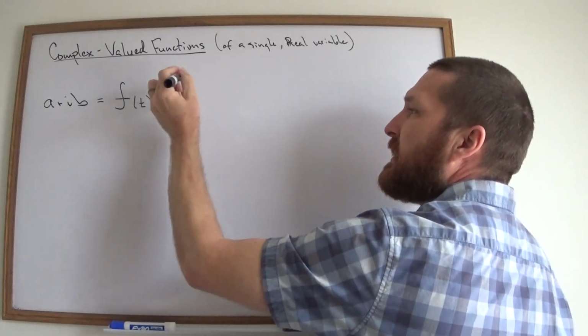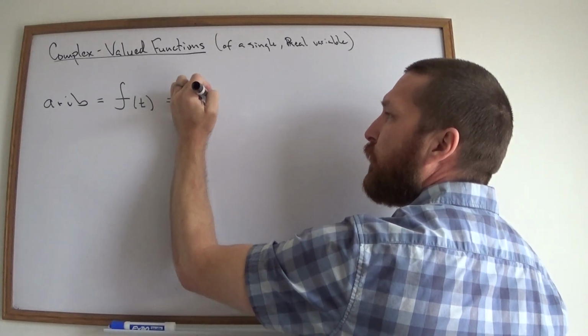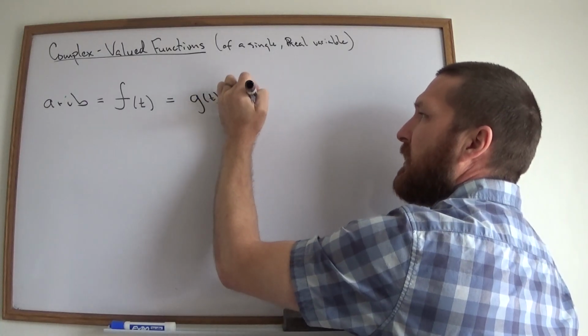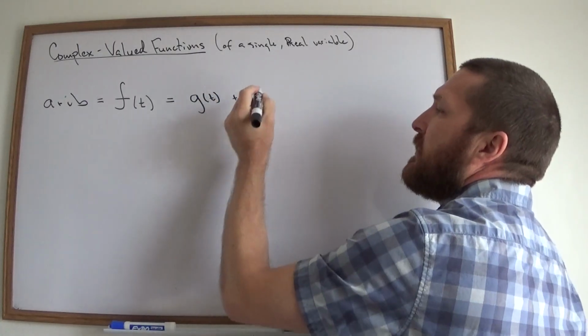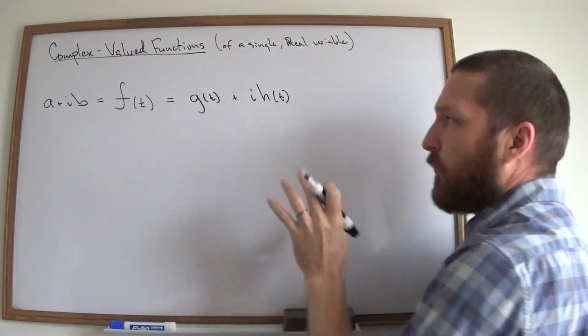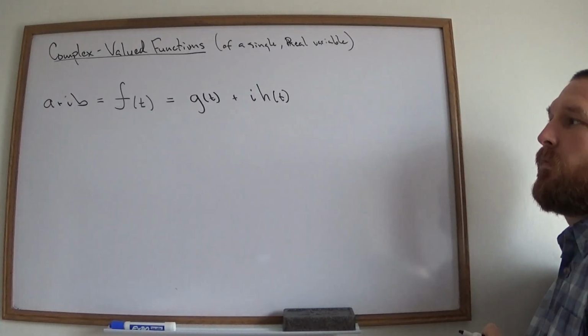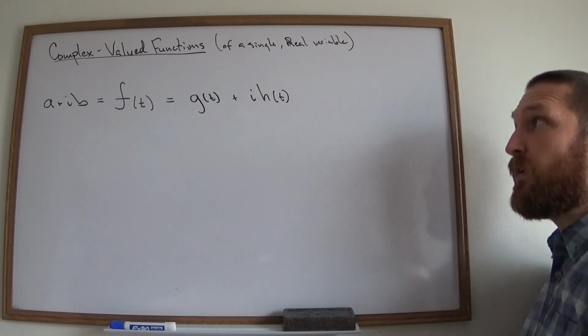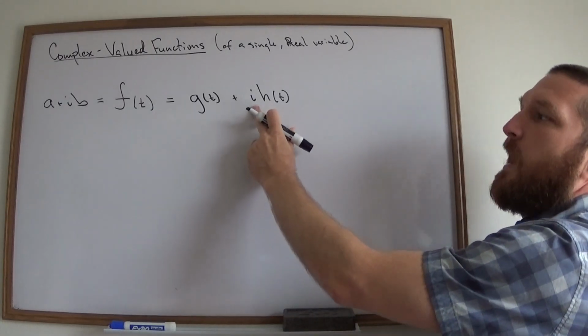This f of t can be seen as some real valued function, g of t, plus i times some other function, h of t, where h is real valued. Right? The outputs of h and the outputs of g are both real values. And then you have this i here.